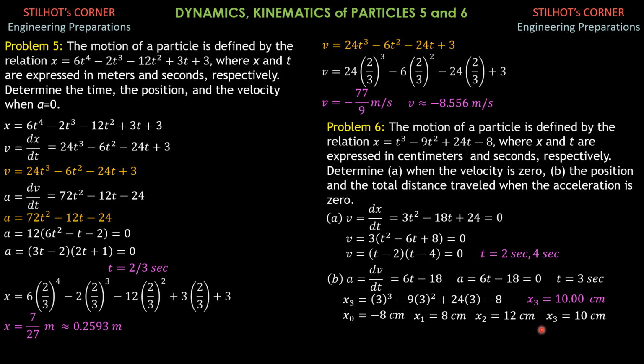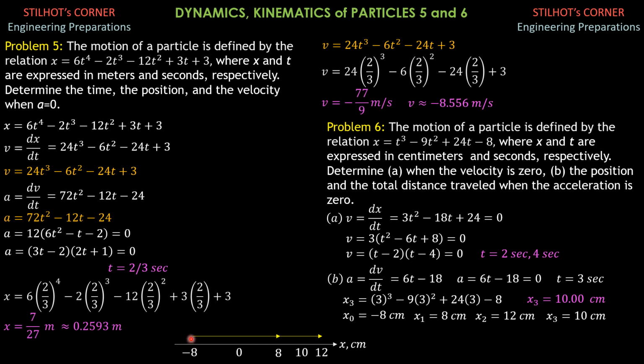We then plot the motion of the particle for time 0, time is 1, time is 2, and time is 3. So these are the coordinates, position. When time is 0, the particle was 8 centimeters to the left of the origin, and it moves to the right, so that when time is 1 second, it is now 8 centimeters to the right of the origin.